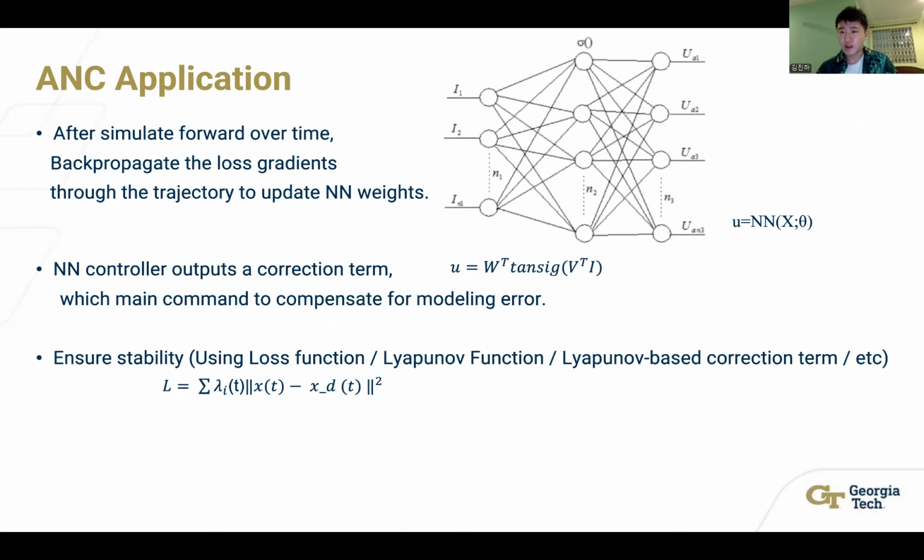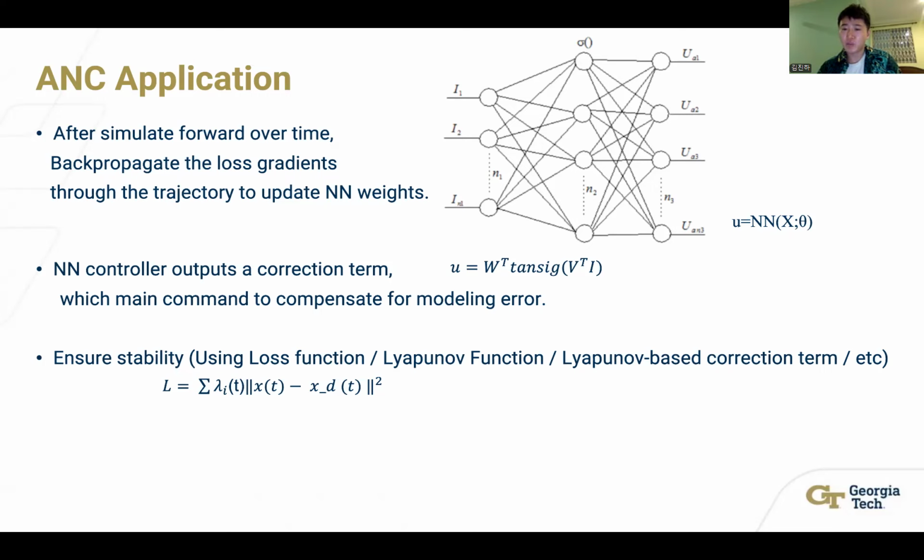So this is how ANC was applied in my system. After simulating over time, I backpropagate the loss gradients through the trajectory to update the NN weights. I used an NMPC as a desired trajectory and for training the 6 states for these neural networks.